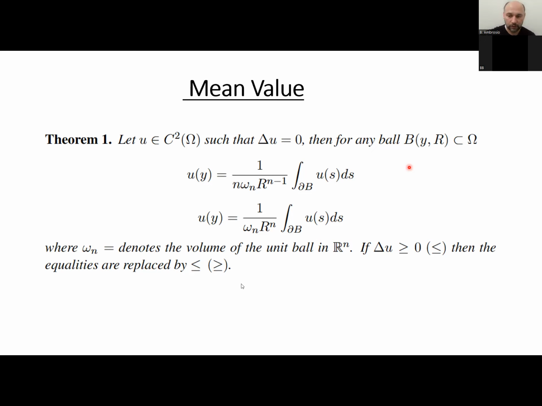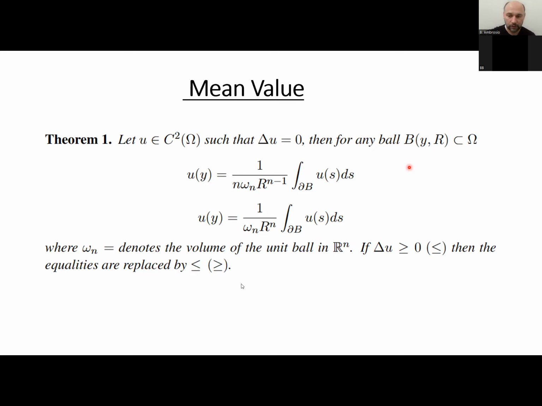because by assumption omega is a domain, so it's connected. And so the only sets that are open and closed are the empty set and omega. But since omega_M is not empty, it is omega.